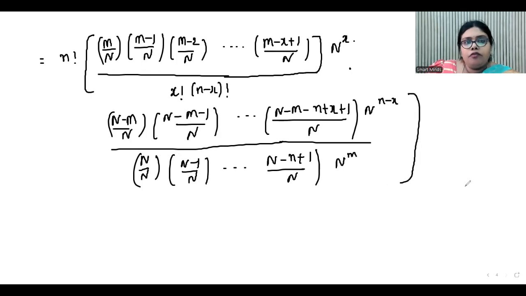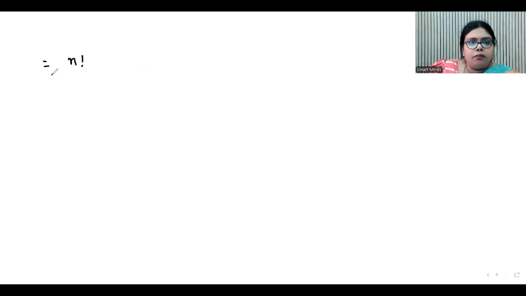Okay. Now we have to further simplify this. How can we simplify? n factorial by (n minus x) factorial into x factorial I will write outside.